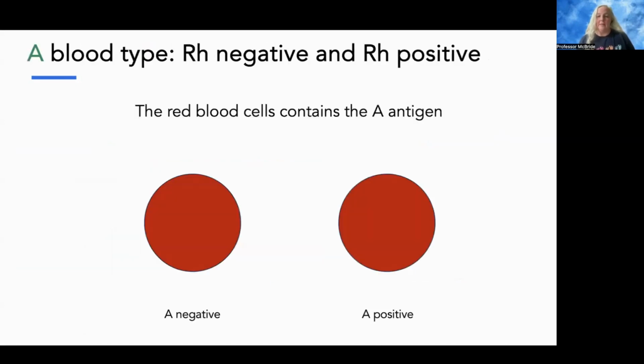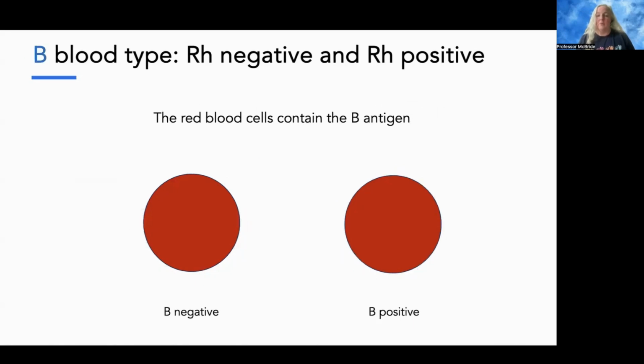So what about blood types? For the A blood type, we have a red blood cell that contains A antigens. If the red blood cell contains A antigens and does not contain the Rh factor, it is A negative. If the red blood cell has A antigens but also contains the Rh D factor, then it is A positive.